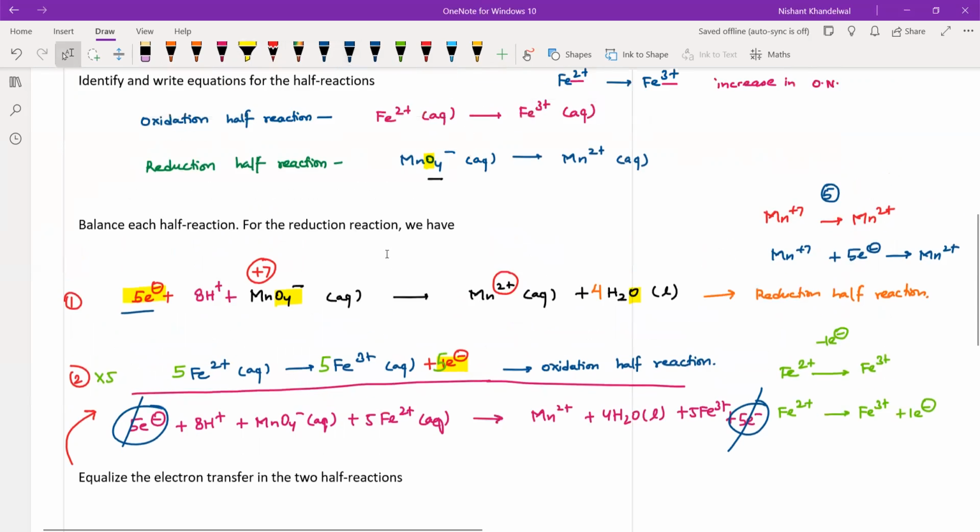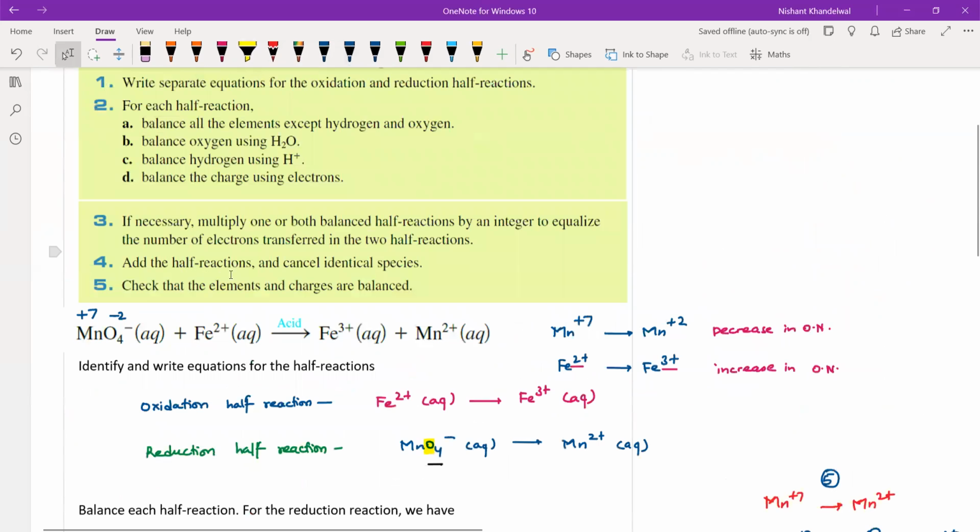So we will move to the next point. Add the half cell reactions and cancel identical species. We have done that.